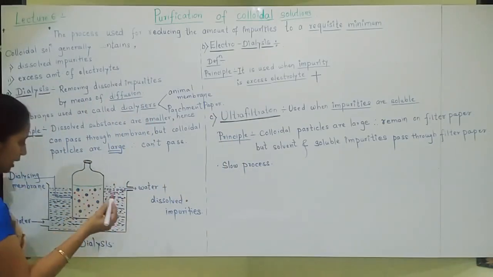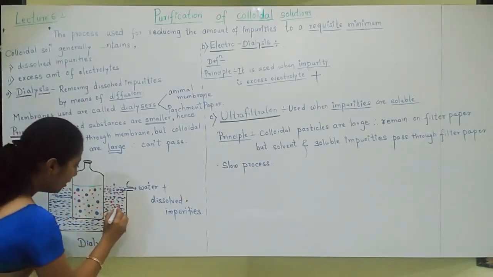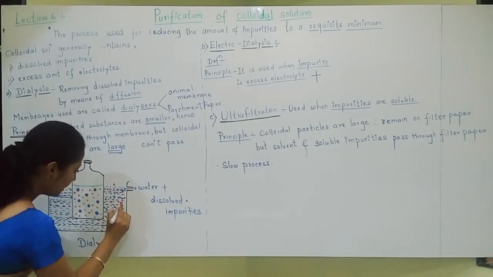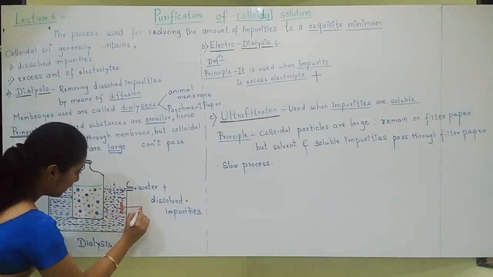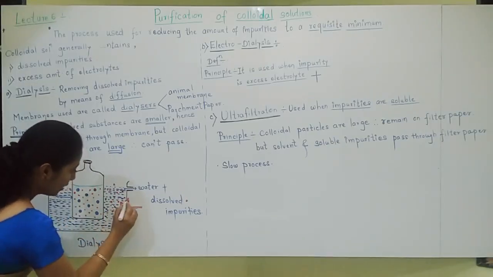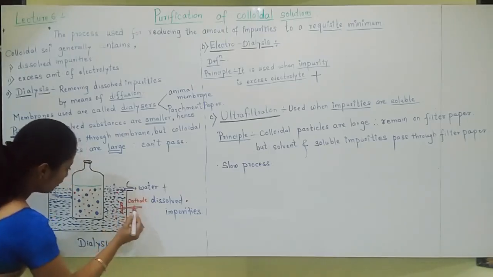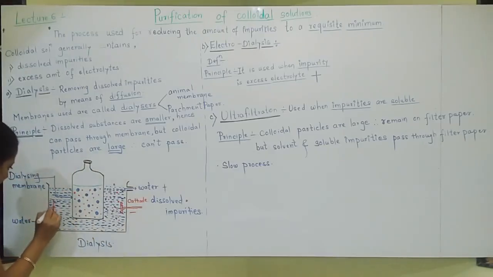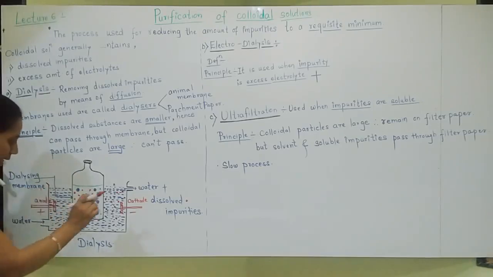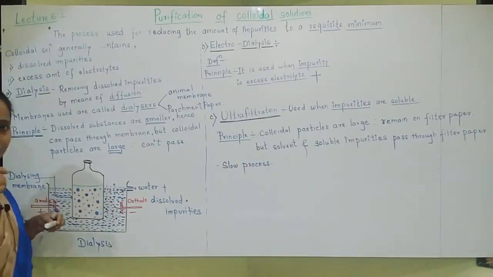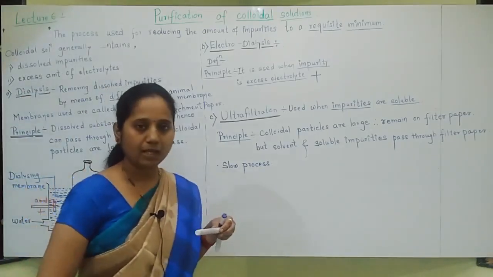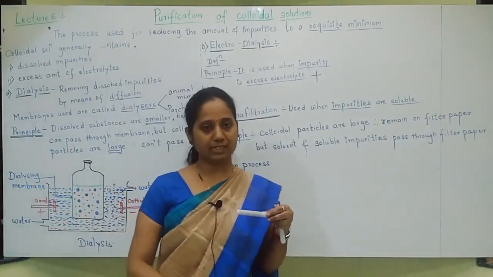How? Electrodes are attached here and dipped in water. You can see here the cathode, negatively charged, and here I will show you the anode, positively charged. Like this, two electrodes are dipped in water and the electric field is connected.